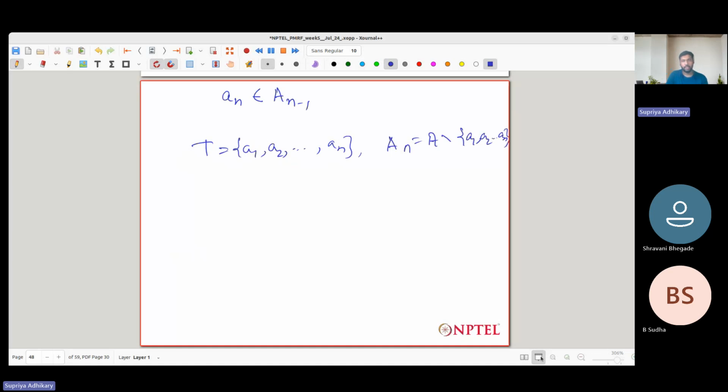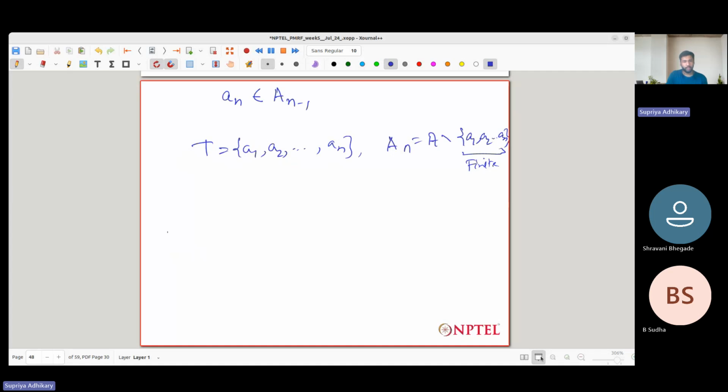Now for any n, this set a1 up to an is a finite set. If we take out finitely many elements from our infinite set, then A would still be an infinite set. Therefore, we can keep on sampling points from the set A.